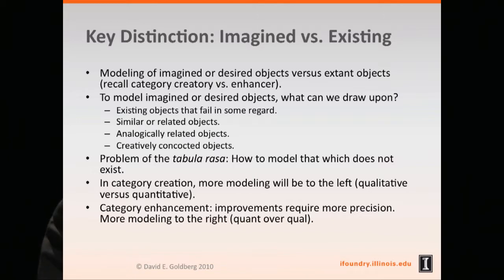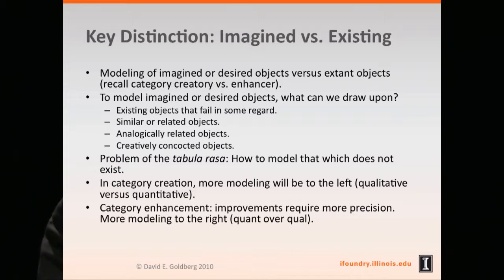Now, a key distinction in modeling is between modeling things that we're imagining and those that already exist. So in analysis, we're usually modeling things that we already know about. We might be modeling a transmission or an automobile, or we might be modeling an airplane. So we know the configuration, and so our modeling job's a little bit easier. But when we want to model something imagined, oftentimes our knowledge is of a very rough sort.